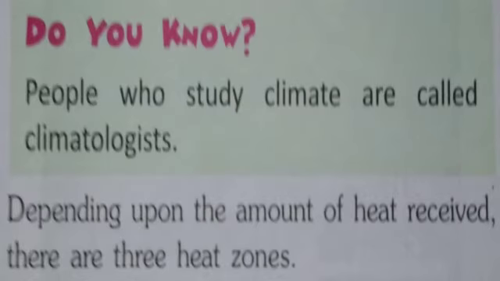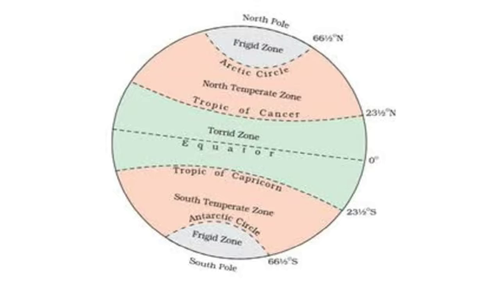Depending upon the amount of heat received, there are three heat zones. As you have already known, the area near the equator is the hottest zone. So let's learn about the three heat zones of the earth. They are divided according to the amount of heat received by them.